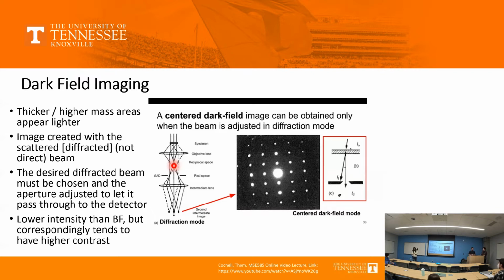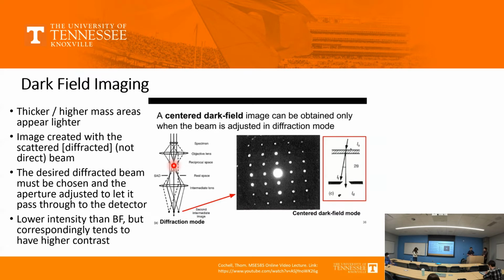As I said, the desired diffracted beam must be chosen and the aperture adjusted to let it pass through. It tends to have lower intensity than bright field overall, but correspondingly tends to have higher contrast, because you're only getting the signal from the diffracting features, and so much else is just being blocked by the aperture.